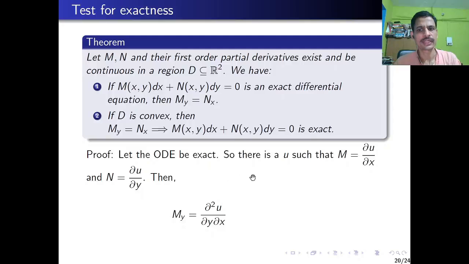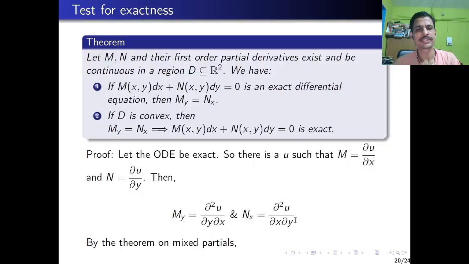Then we take the partial derivative of M with respect to y. So M_y is equal to del square u by del y del x. And we take the partial derivative of N with respect to x, that is N_x is equal to del square u by del x del y.